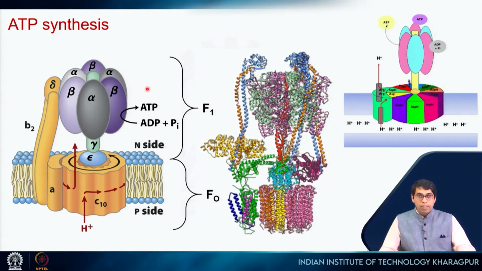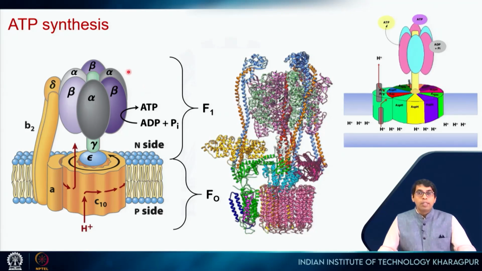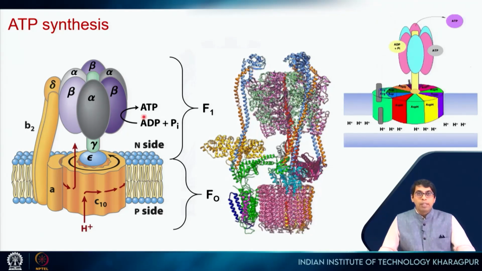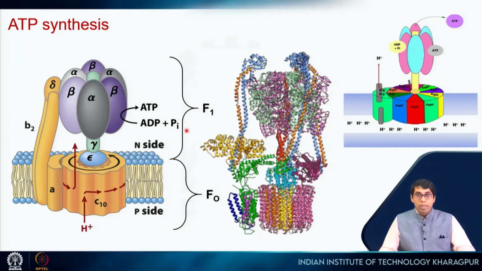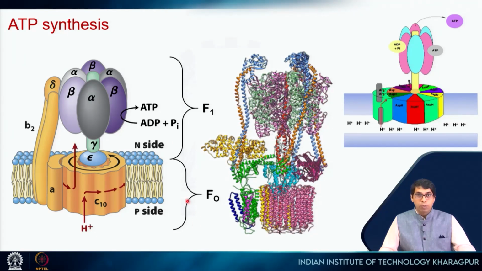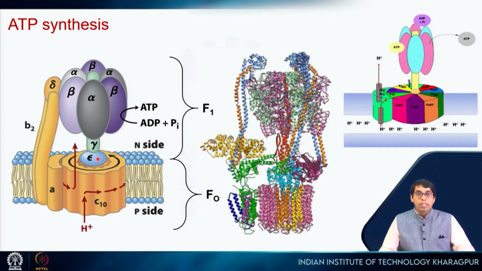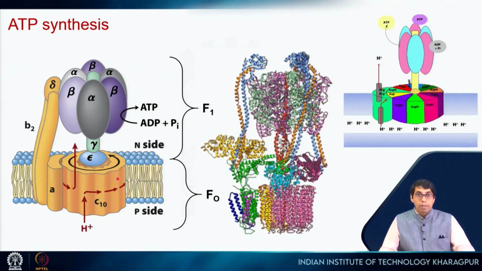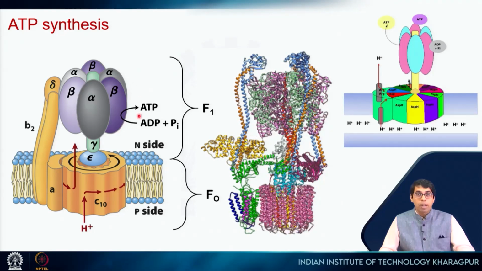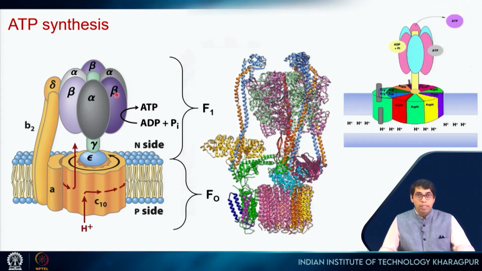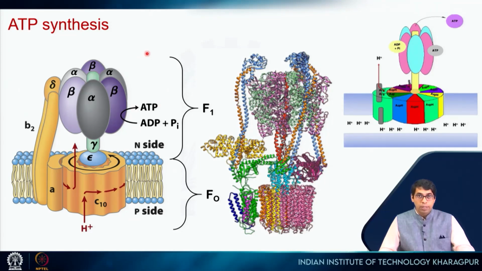Now, based on the structure that is known to date, this machine is grouped into two parts, F1 and FO. FO is the integral membrane part, and the F1 part is where the ATP synthesis happens, and it is in the matrix of mitochondria.